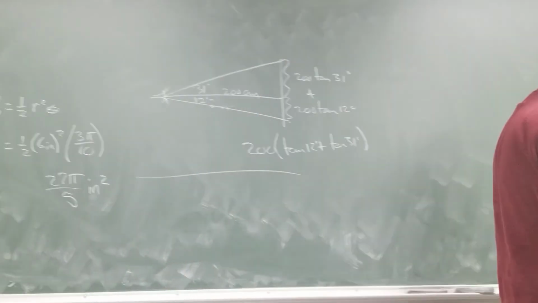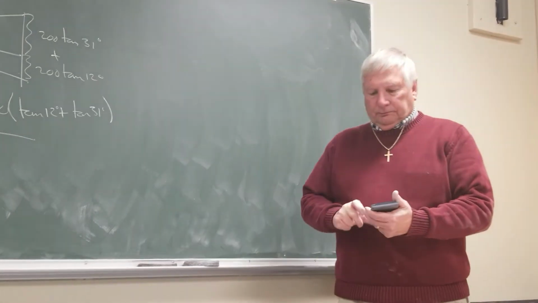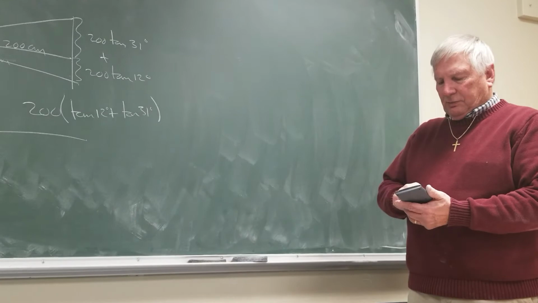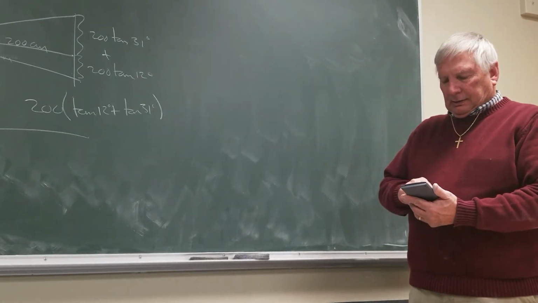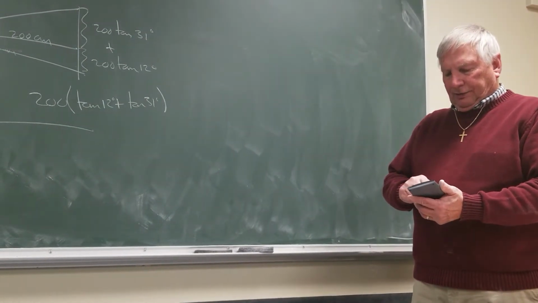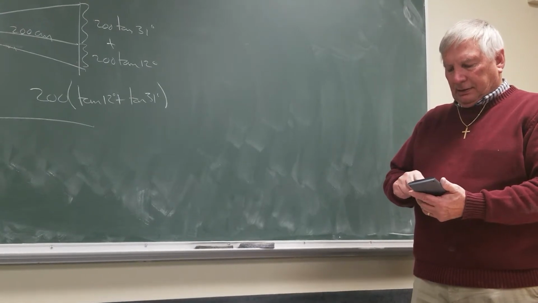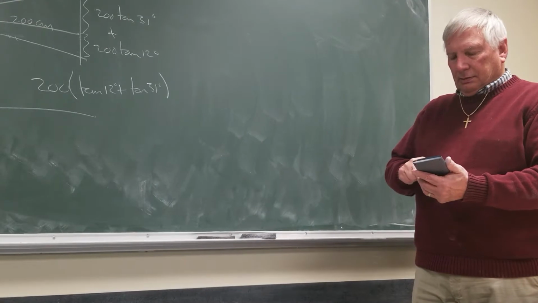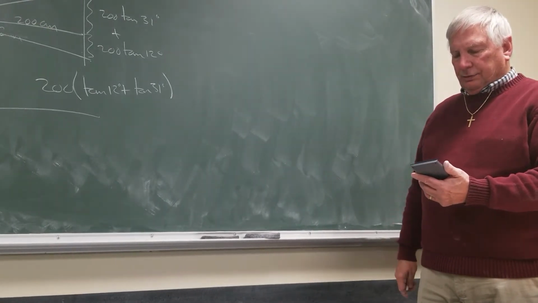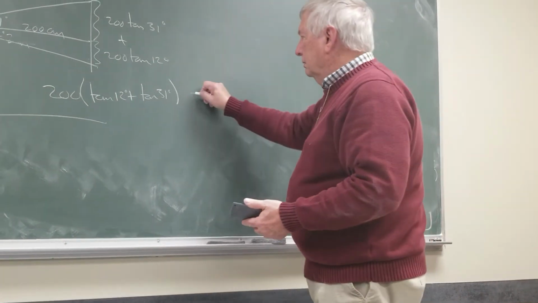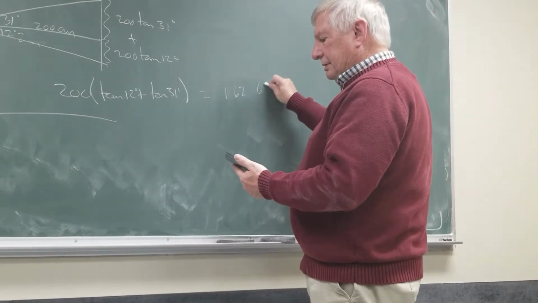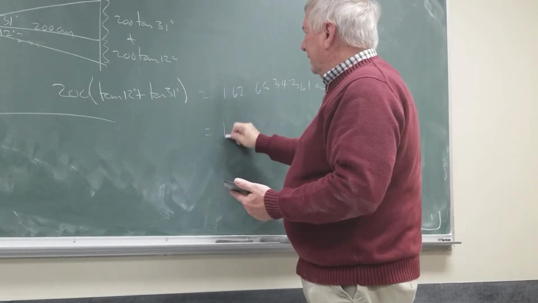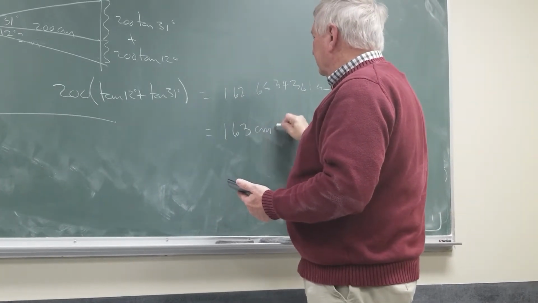So, calculator tells me 200 times parenthesis tan 12, close, plus tan 31, close, close, equals 162.6834361 centimeters. So my answer is 163 centimeters.